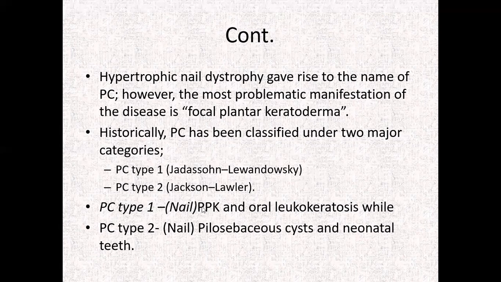In addition to palmoplantar keratodermas, type 1 is also characterized by oral leukokeratosis. There is another common type of Pachyonychia congenita, which is called type 2 or Jackson-Lawler. And in type 2, in addition to the nail changes, there are large pilosebaceous cysts like steatocystomas and presence of teeth in the neonatal period.